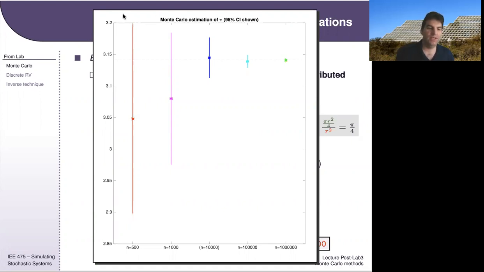And so if we look at this 95% confidence interval here, we have pi. This is what we know is the true value of pi. Now, every time you did a Monte Carlo simulation and averaged all those runs, you were estimating pi, but your estimates have variance to them. So we don't have 100% confidence in your estimates.